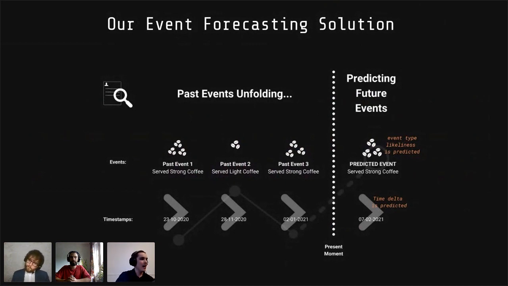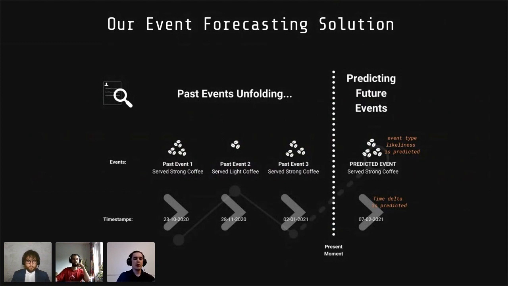Well, here what we're doing is that as a time series, we have from left to right some transactions. The dotted line is the present moment, so what is at the left of the dotted line is the past. We have three transactions here. One would be machine served strong coffee, another would be machine served light coffee, and then strong coffee again. And we'd hit the present moment with some time deltas between every past event.